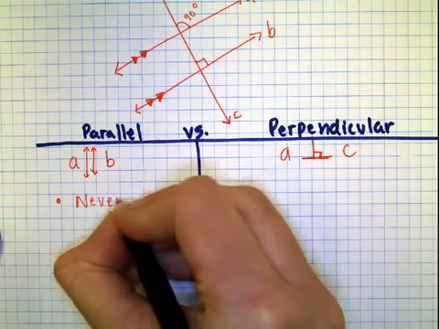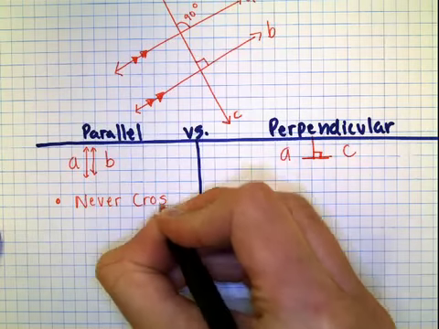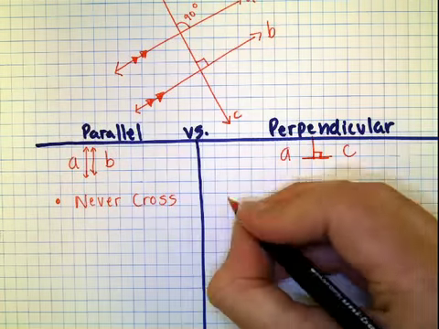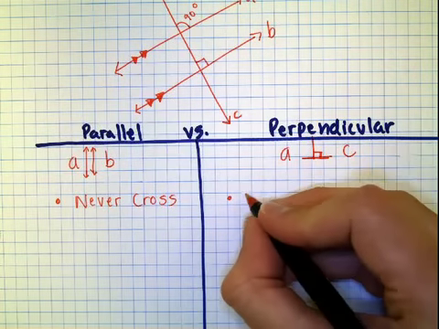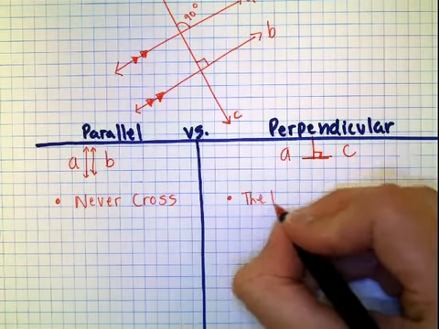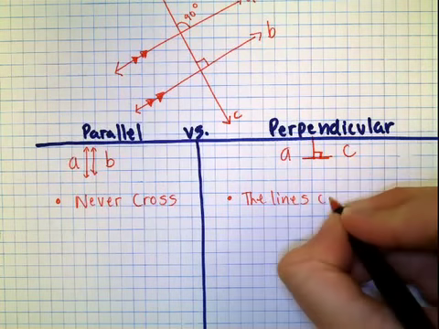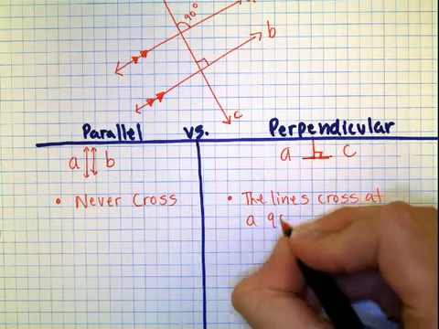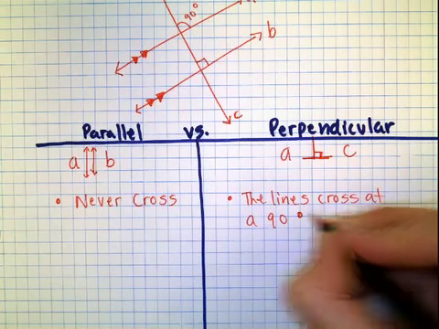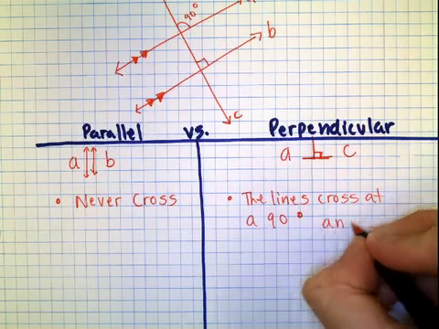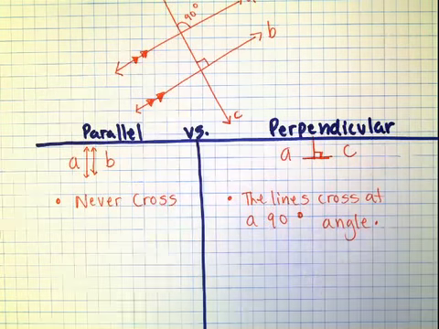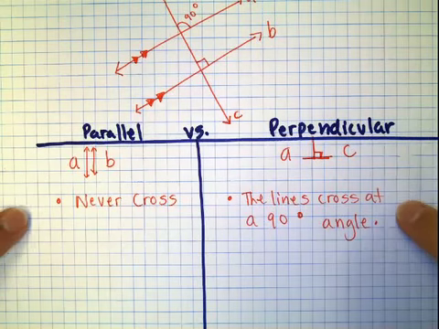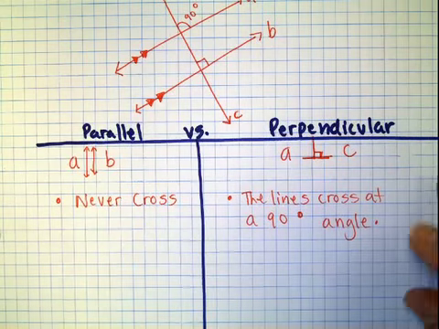That's an important fact. They never cross. But perpendicular means they cross and make a 90-degree angle. So the lines cross at a 90-degree angle. So for parallel, the lines never cross, and for perpendicular, the lines cross at a 90-degree angle.